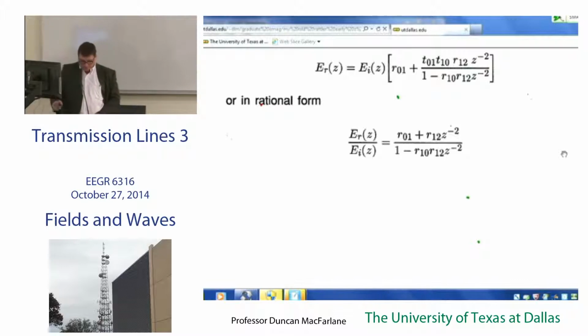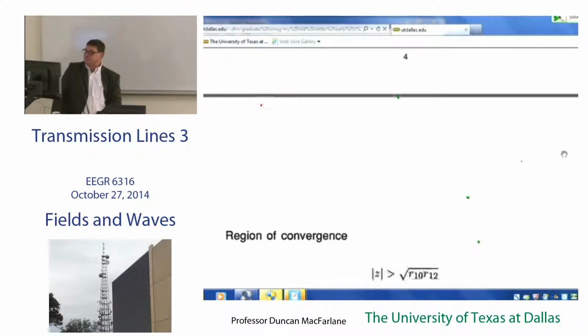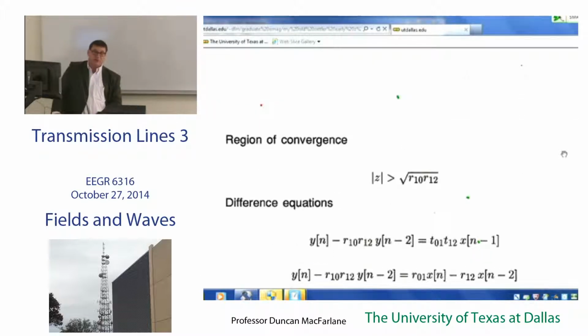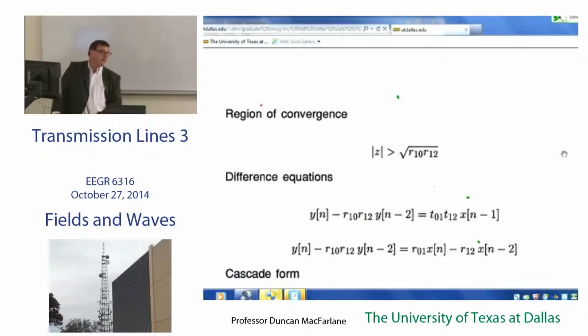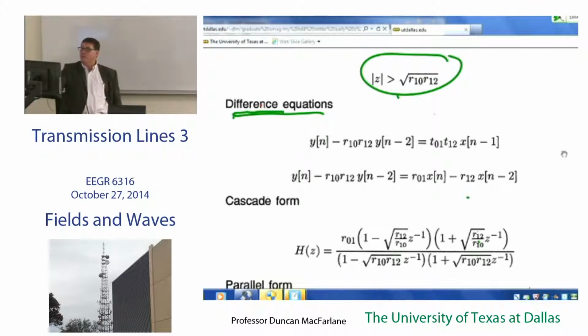Okay, so this is exactly a digital filter description of the Fabry-Perot etalon, which means this is how you would describe it if you're doing it in MATLAB. If you want to continue down this path of going away from electromagnetics and more into digital discrete time signal processing, then you can come up with regions of convergence for stability. You can come up with difference equations where you write the inputs and the outputs in terms of delays.